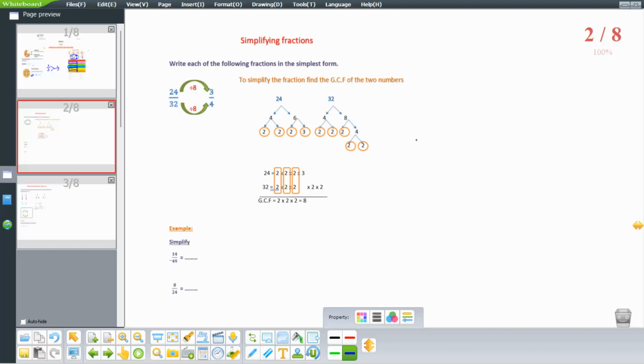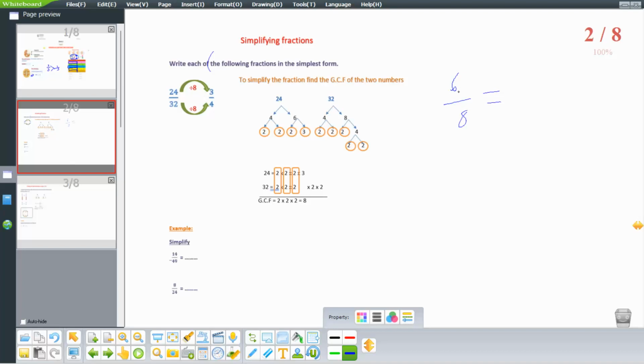Okay, to simplify a fraction, if I have 6 over 8 and I want to simplify it, one of the ways of thinking is to remember that 6 and 8 are multiples in which table?